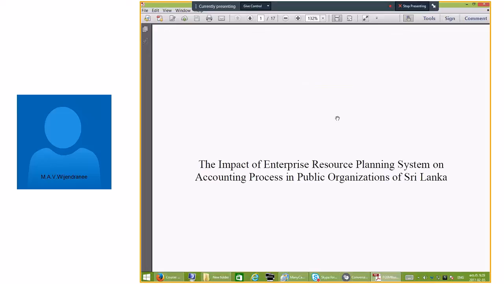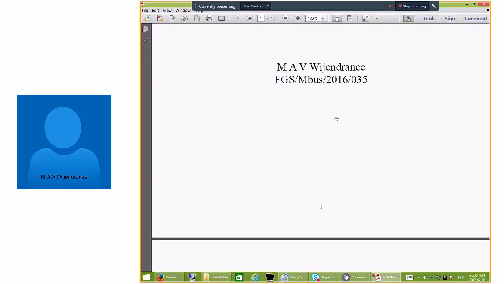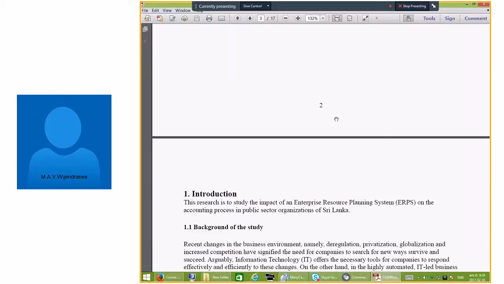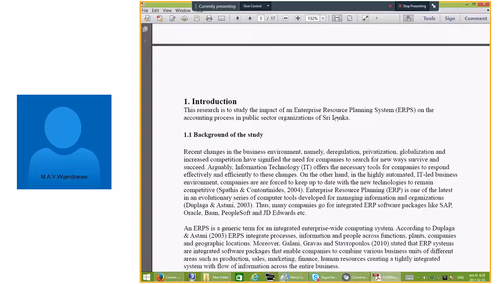My research topic is to study the impact of an enterprise resource planning system on the accounting process in public sector organizations in Sri Lanka. Nowadays, with the increased competition, organizations search for new ways to survive and succeed. Information technology offers many tools for companies to do their businesses effectively and efficiently.